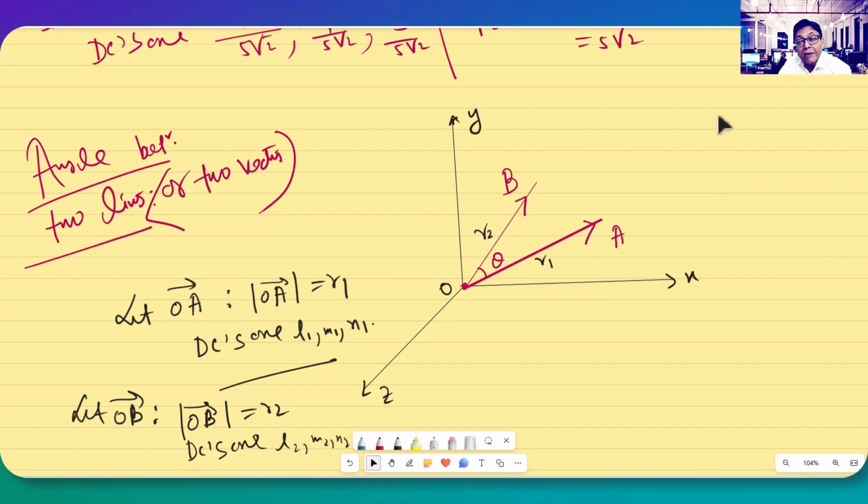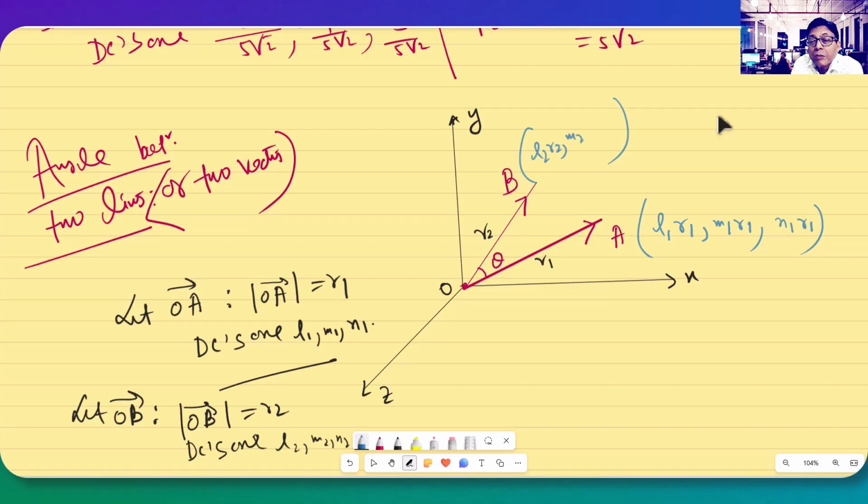In the previous article, we have seen that if you know the length and direction cosine, the points can be written over there. So, this point is going to be length R1, direction cosine L1, M1, N1. This will be L1 R1, M1 R1, N1 R1, and this part, this is L2 R2, M2 R2, N2 R2.